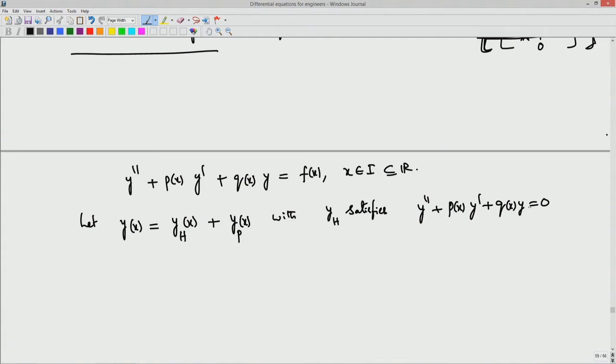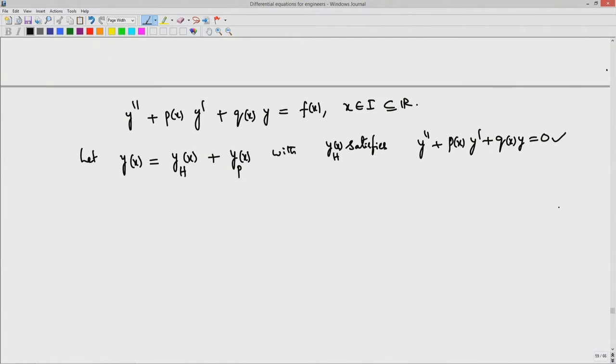This is the homogeneous equation, and yp of x satisfies the given equation. Suppose you know that the given equation has some particular solution. I will give you the methods to find such a particular solution if you know the homogeneous solution.